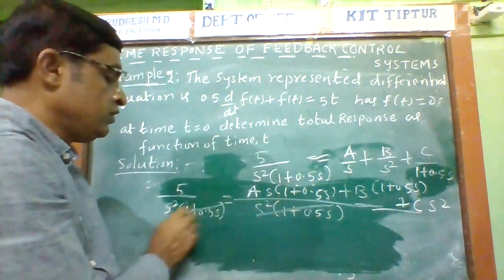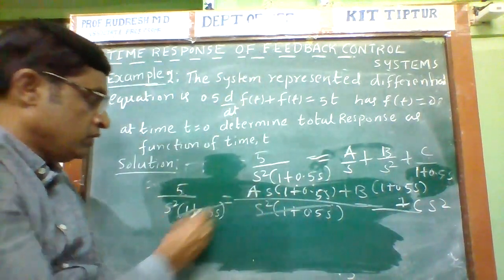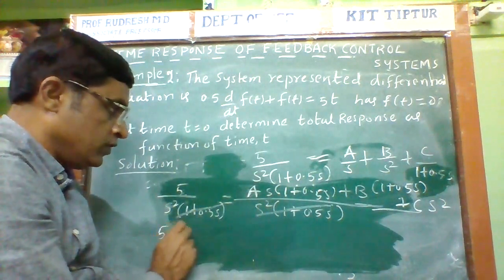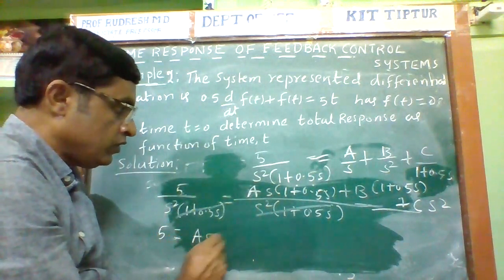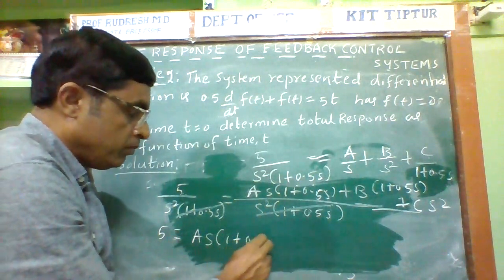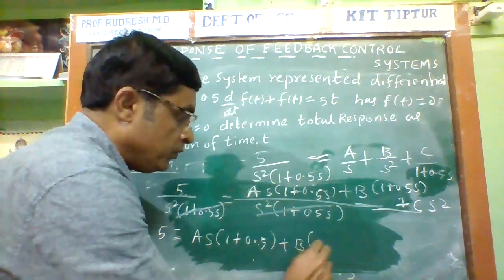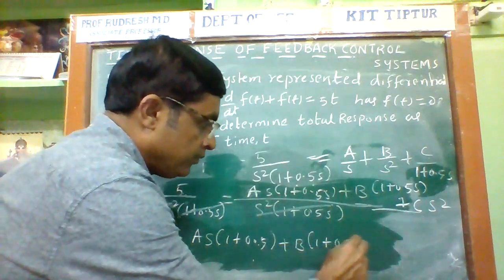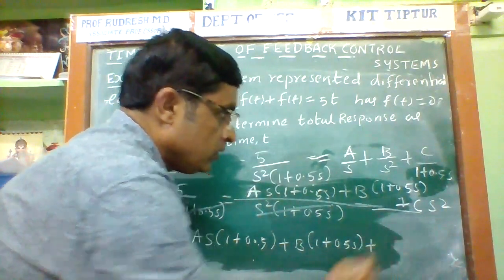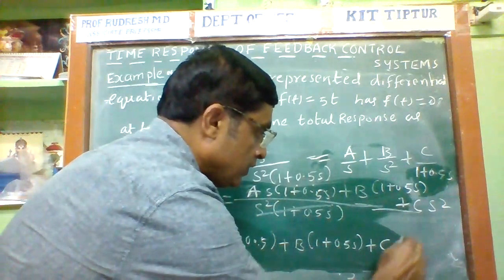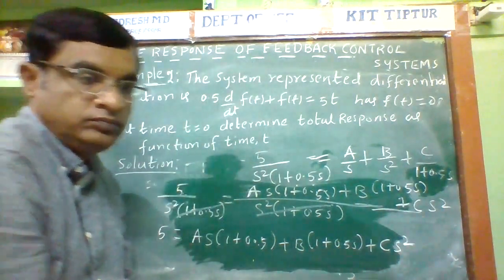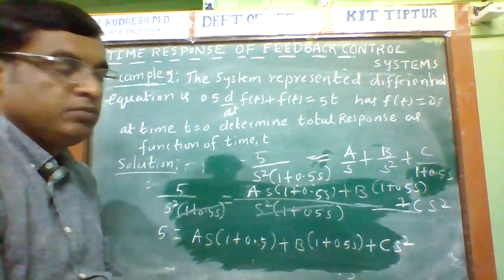Now this gets cancelled, so 5 is equal to a into s into 1 plus 0.5 s plus b into 1 plus 0.5 s plus c into s squared. Now this is the equation.